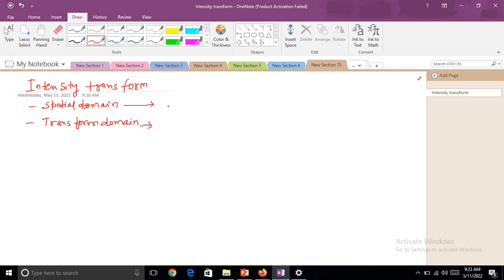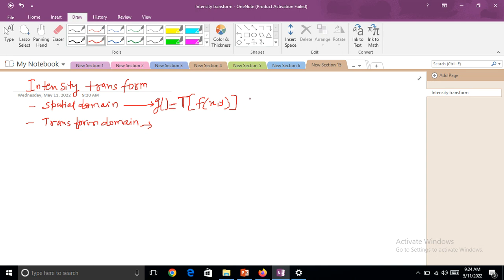So here, mathematically we can write that you have f(x, y), that is a 2D grayscale image, and if you apply a transform, it will be converted into a new kind of image that is represented by g. So g is equal to capital T of f. So here the operator T is the transform.